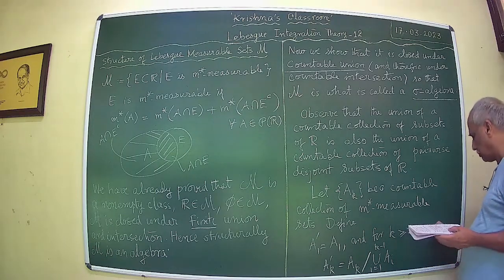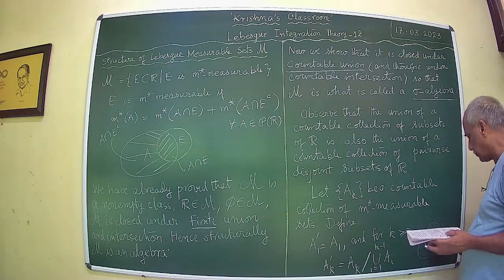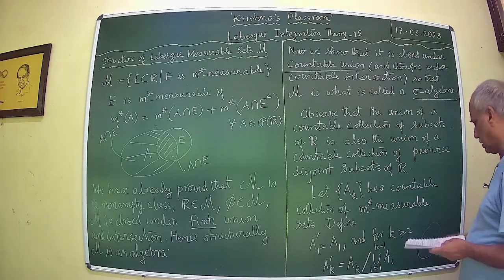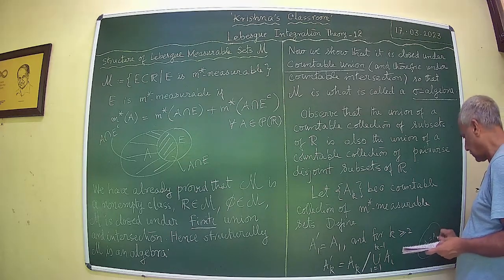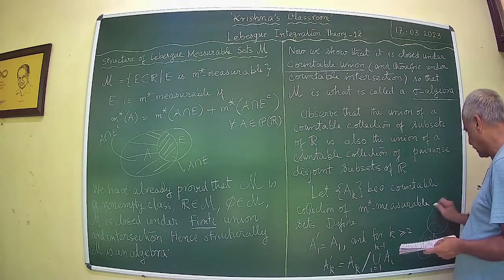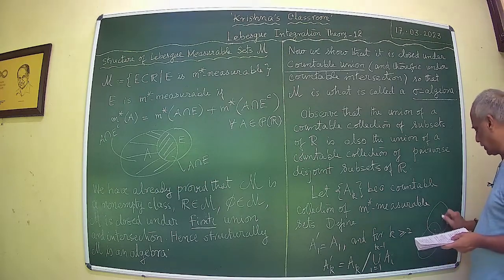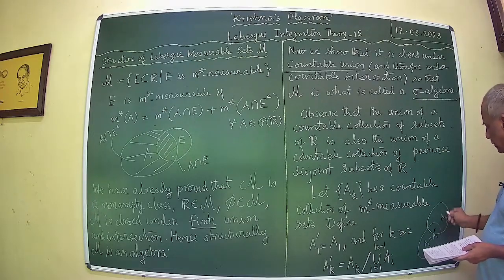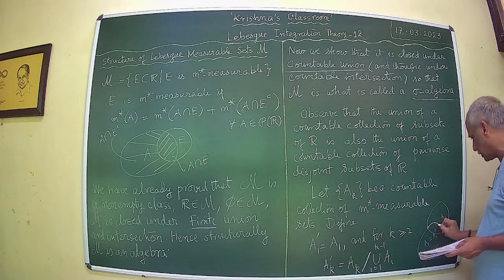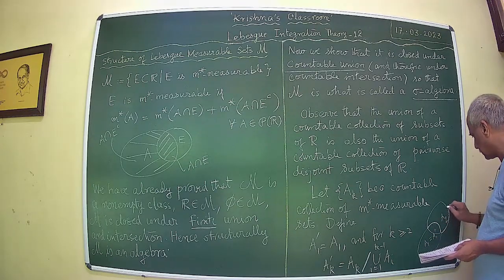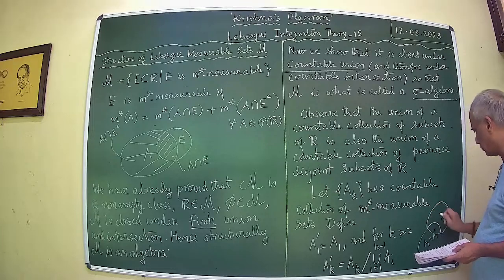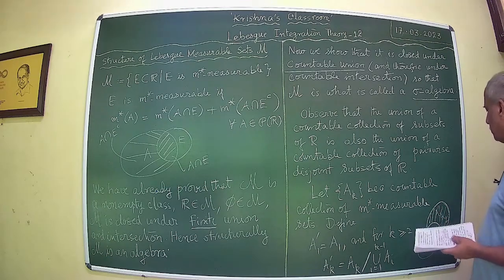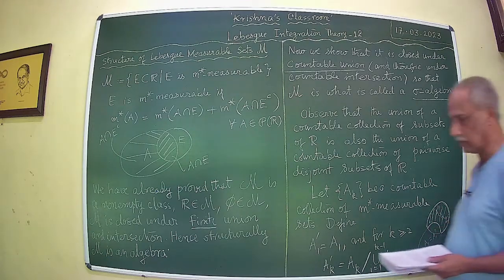That is what you make; A1 is the same as A1 prime. Now you take A2, and what you do is you remove from A2 the set A1, giving A2 prime, and so on.